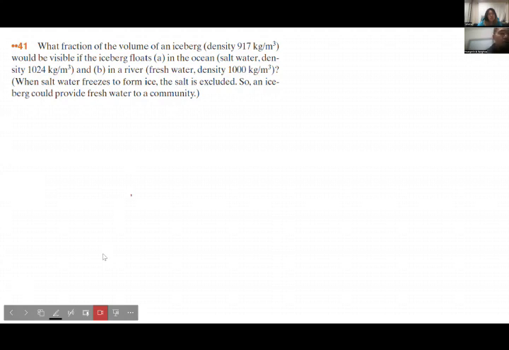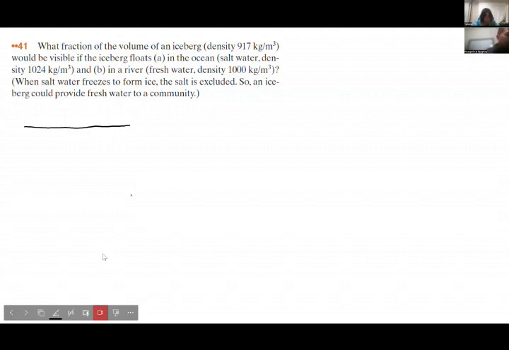So depending on the density of the water, you may end up with a different fraction of volume submerged into the water. So let's start with some basic configuration to simplify this circumstance.